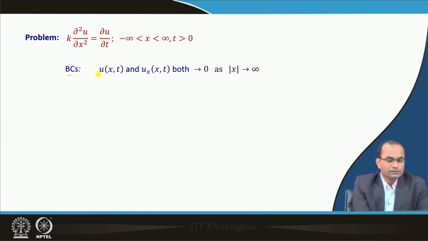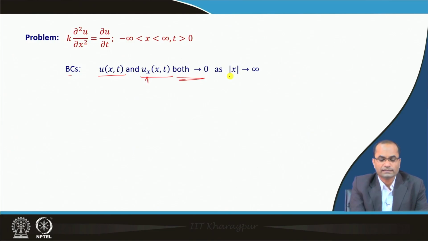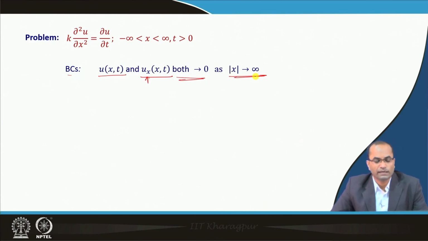The boundary conditions for this problem are prescribed as u(x,t) and its derivative with respect to x both going to 0 as x goes to plus infinity and minus infinity, and this is exactly the condition we need for the application of the derivative formula we have just seen before.